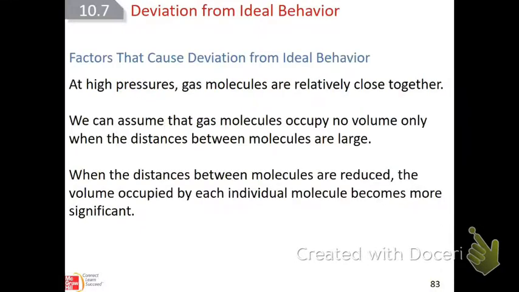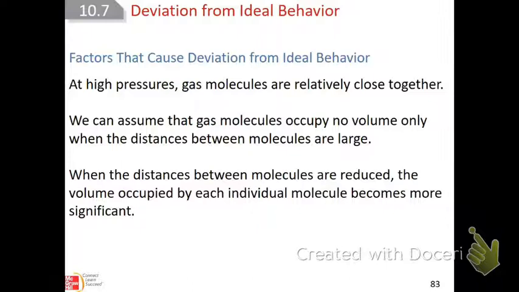And then the only other thing that I would ask you to know from this chapter is that everything we've talked about assumes a gas that obeys every single rule all the time. Boyle's law says if you increase the pressure, the volume is going to decrease. Charles' law says if you increase the temperature, the volume is also going to increase, ideally.